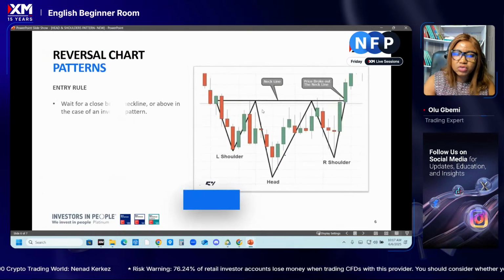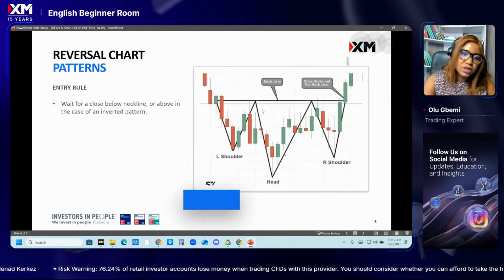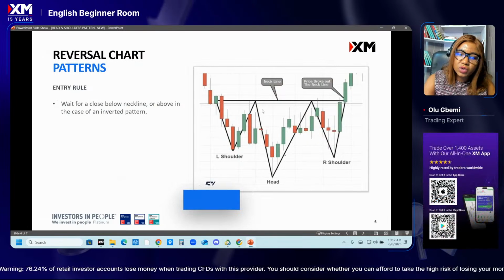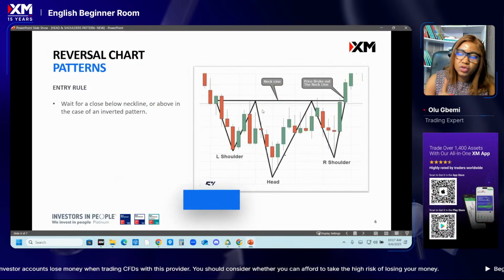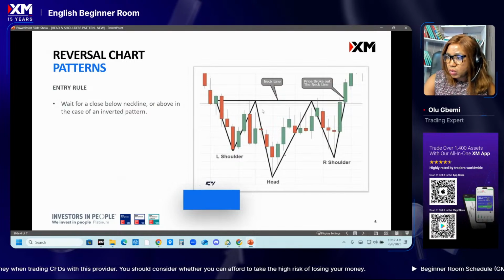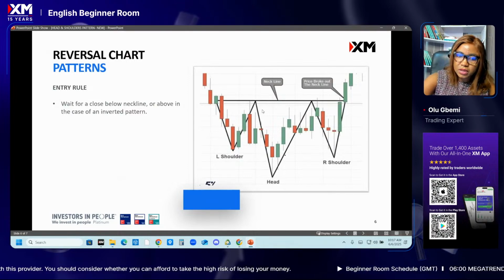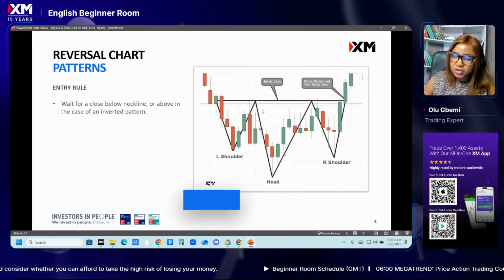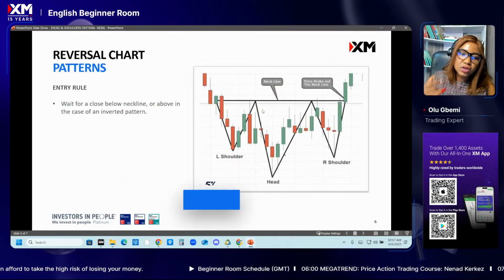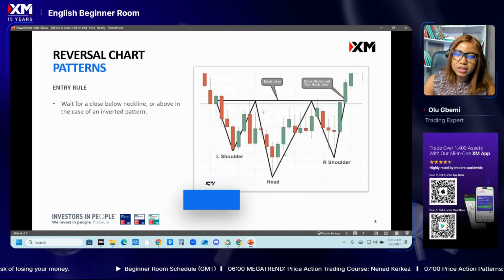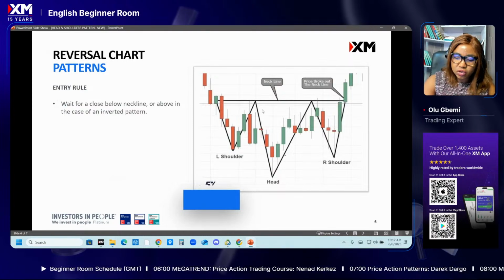And what are the entry rules for any of this? Wait for a close below the neckline if you're looking at head and shoulders top, where we look at a move from uptrend into a downtrend, or a close above the neckline in the case of an inverted head and shoulders.